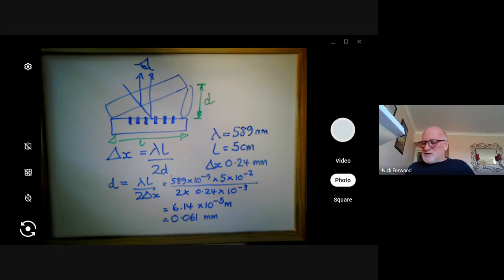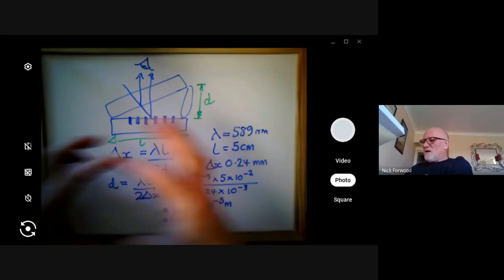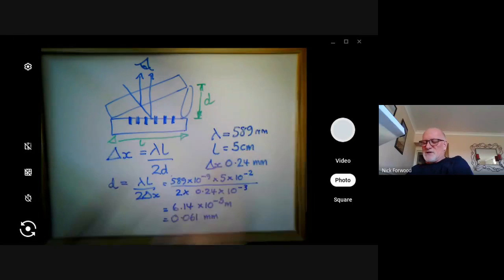If you started somewhere different on the vernier microscope scale, you'd get some different readings. You wouldn't necessarily start at 17.2 and go up to 19.6, but the 10 spacing should still give you about 0.23 millimeters. I did it earlier. I got 0.24. So you'll get an answer which is pretty much the same for your fringe spacing.